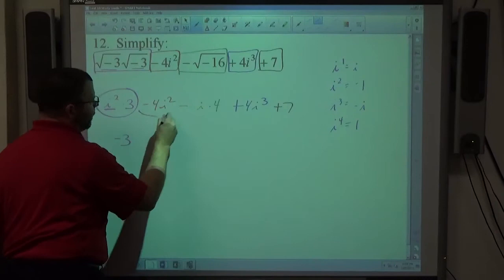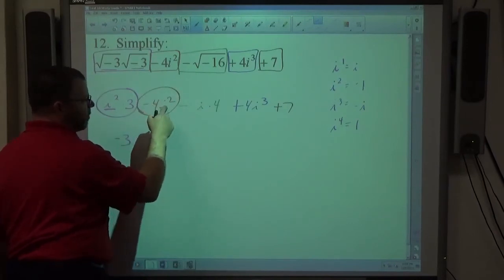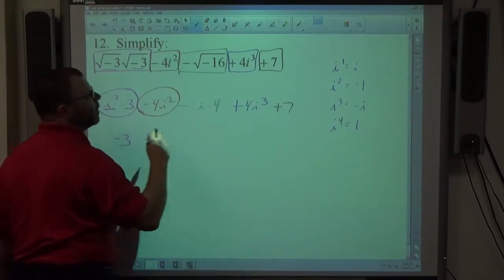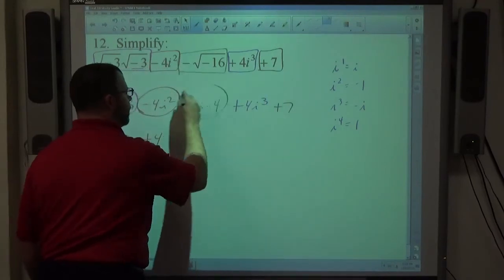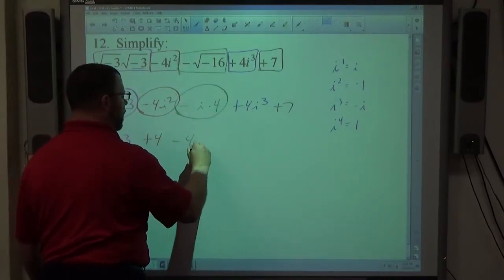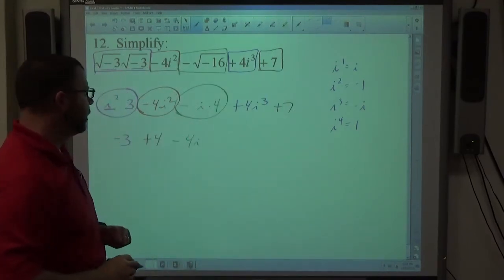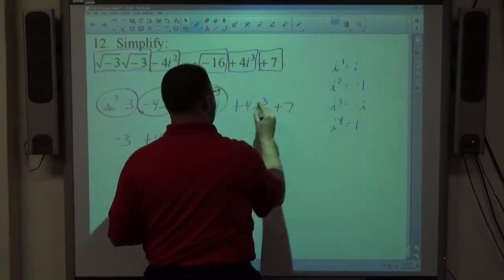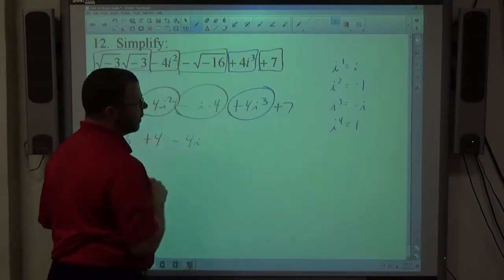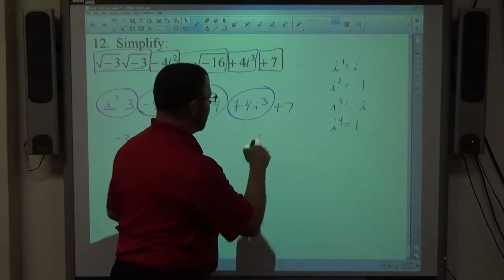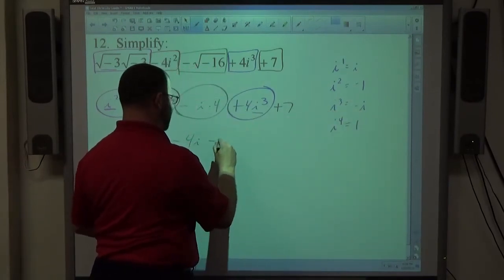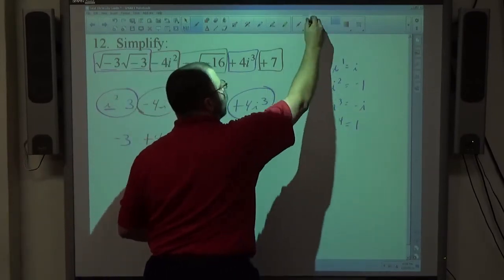This red one, that's -4 times -1 makes +4. For this green one, -4 times i is just -4i. i to the first is perfectly fine. This blue one, 4i to the third. i to the third is -i, so -i times +4 makes -4i. Then of course we have a +7.